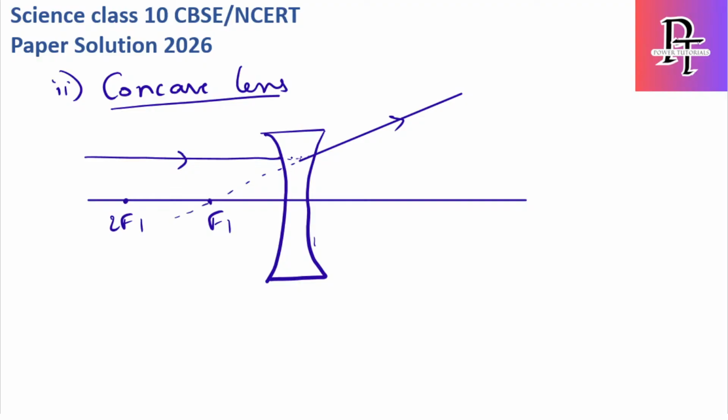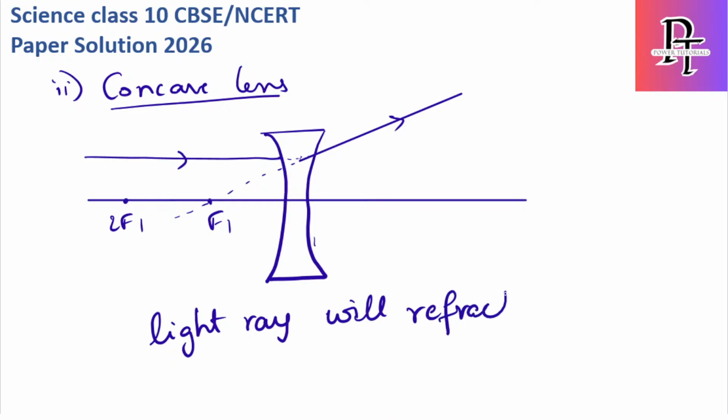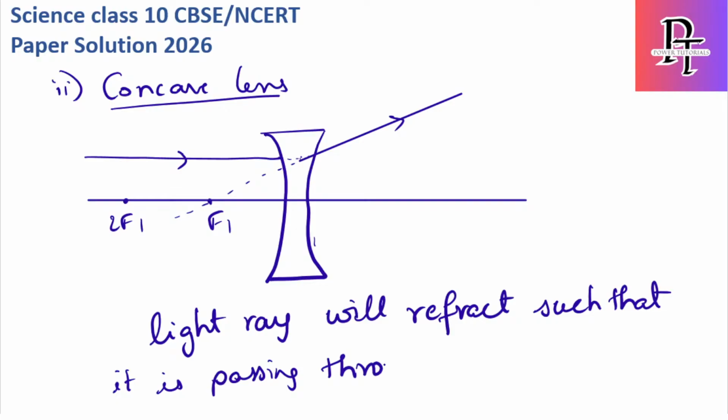Concave lenses are diverging lenses. We can say that the light ray will refract such that it is passing through the focus.